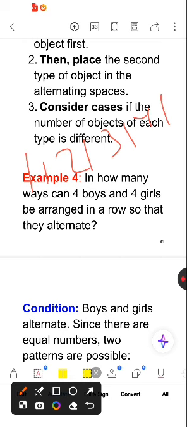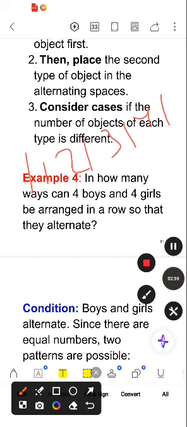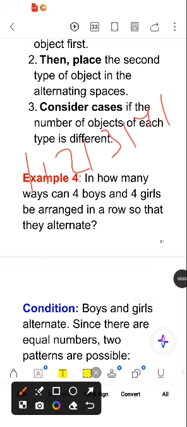You realize that when the boys are arranged, or when a boy starts, there are 4 spaces that the girls can fill. So you take 4 factorial for the boys, and then multiply by 4 factorial for the spaces that the girls will fill. There are 4 spaces and the girls are also 4, so we take 4 factorial.